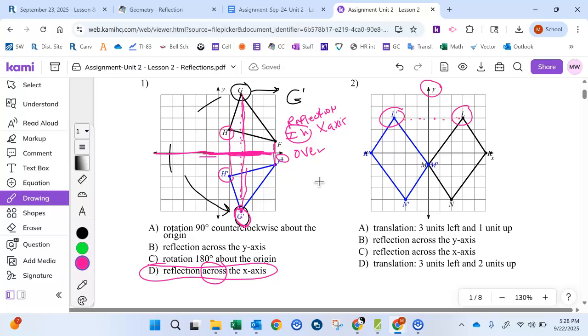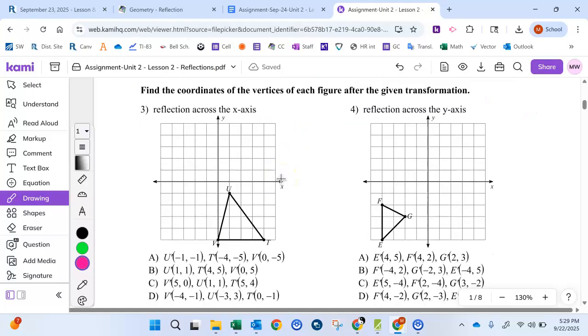It's crossing the y-axis, right? It's crossing across, so make sure you look up that word. To get to L prime, you're crossing the y-axis. So it's a reflection across the y-axis. That's how you do those kinds of problems.